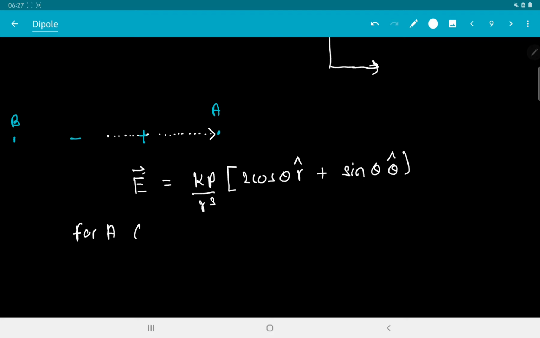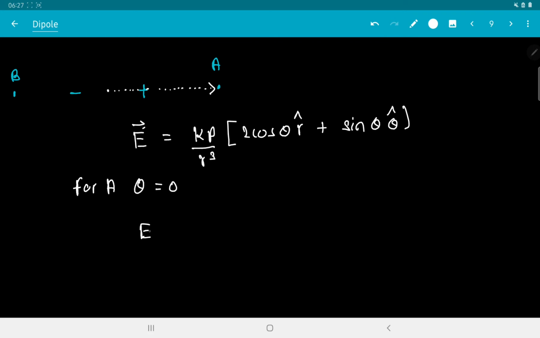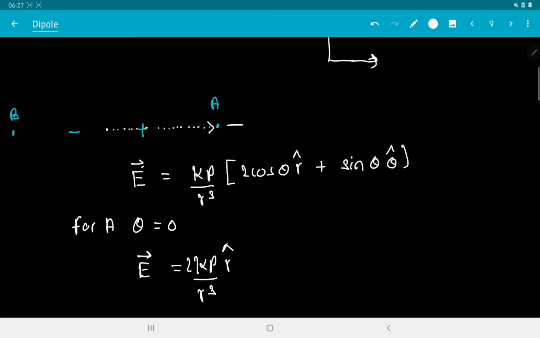So what we are going to get is electric field will be equal to Kp, cos theta will be 1, so we'll get 2 Kp by r cube in r cap direction. So at point A, the electric field is in this direction. We can say in positive i cap direction.